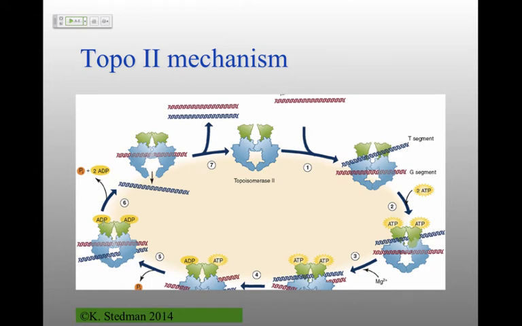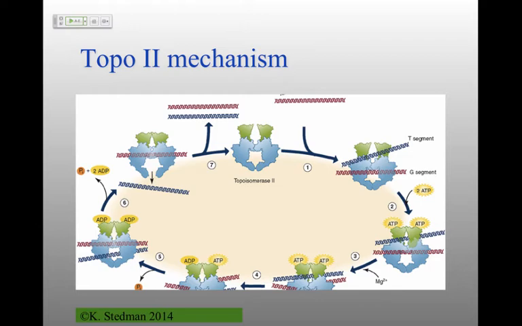Cut both strands, pass one double strand through, put them back together. Again, it's absolutely critical for resolving catenanes. These are double-stranded pieces of DNA that are linked to each other topologically but not covalently. And they're absolutely required for, again, most biology. It turns out if you knock out Topo IIs or Topo Is, all of them in any given cell, that cell is dead. So again, good indication for why you have them.